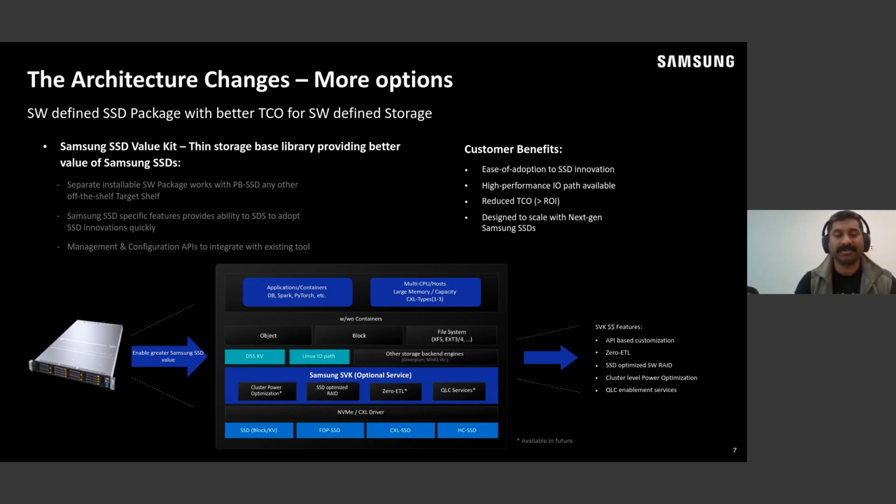You can see what we found out. But essentially, the SVK is an umbrella term. It's a framework, and it is intended not only to provide you the best performance with reduced TCO, but also to make sure that it has an easy path of adoption.